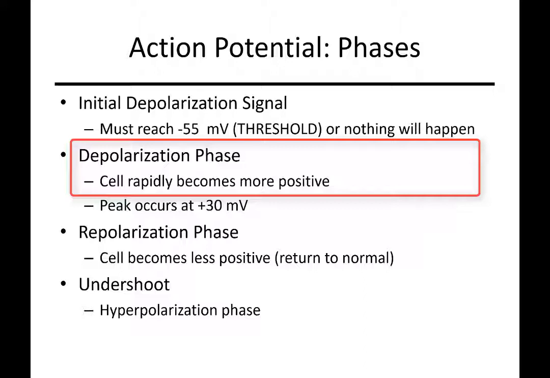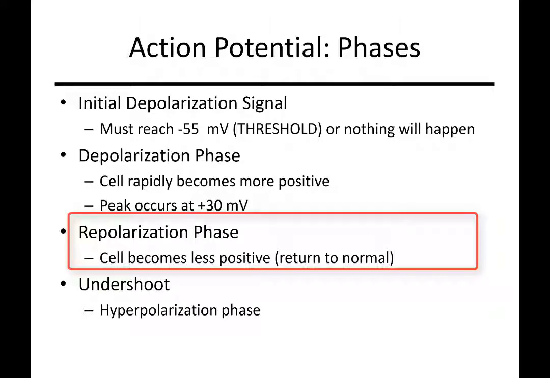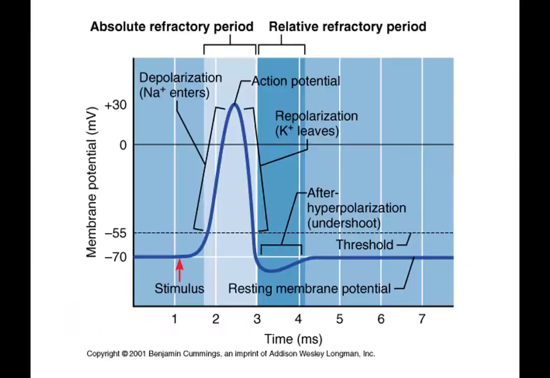But just like the voltage signal that said, hey, I hit -55, I'm open, the same voltage signal at 30 says I'm closed and locked. I can't get any more positive than that, I've shut down. So those are the voltage variations, the open signal and the closed signal. And repolarization is coming back down to reset it, if you want to think of it that way. And there's this little undershoot loop that we're going to see when we see the graph again.